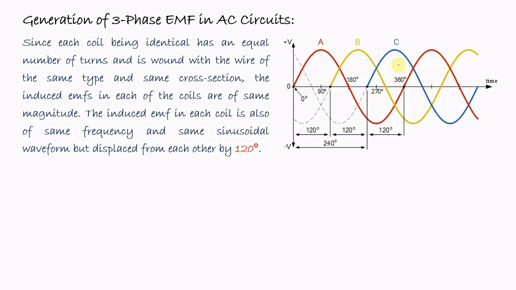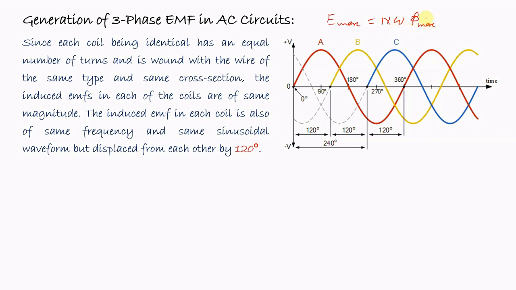As we have already seen, the magnitude of the maximum induced EMF depends upon three factors, that is the number of turns, the angular velocity, and the maximum value of the flux. So here the three coils are identical. That means the N is same for three coils. These three coils are rotating with the same velocity, that is the omega radian per second.